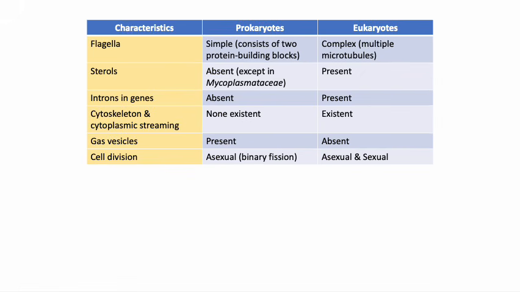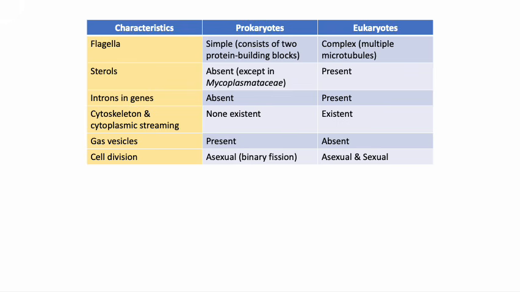Now, in terms of having a part for locomotion, both prokaryotes and eukaryotes have flagella. But in terms of complexity, your eukaryotic flagella is much more complex, containing multiple microtubules, while the flagella of your prokaryotes is much simpler, consisting of two protein building blocks.